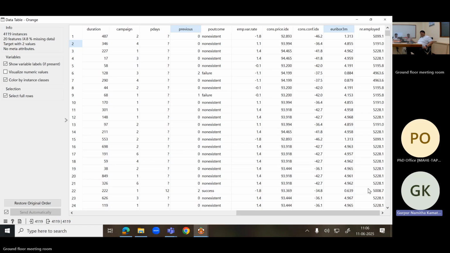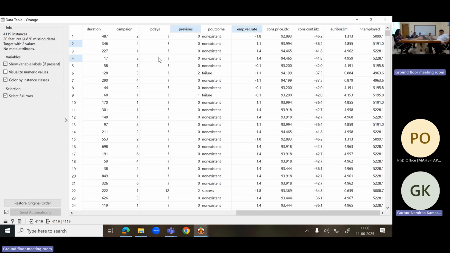They have connected this with the savings rate. They are saying lower Euribor would result in a decline in savings rate, and vice versa.